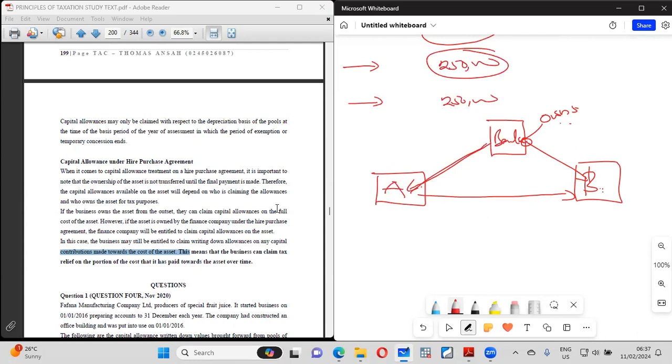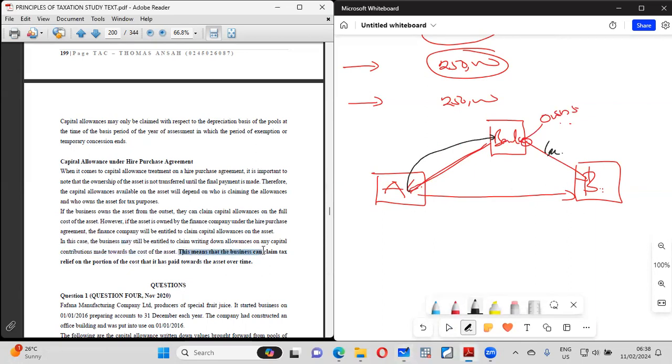Now, you see here that in this case, the business may still be entitled to claim the written down value allowance on any capital contribution made towards the asset. What does it mean? It means that if, let's say, the amount between these people is 1 million, anytime A pays to the bank, A will be claiming the capital allowance for the contribution they are making towards the cost of the asset.